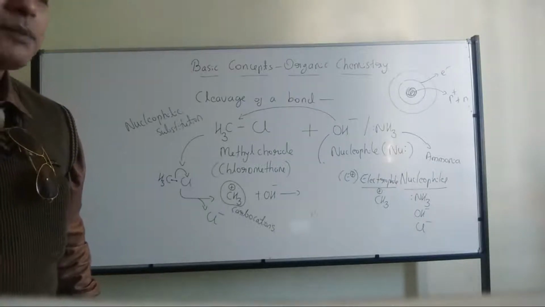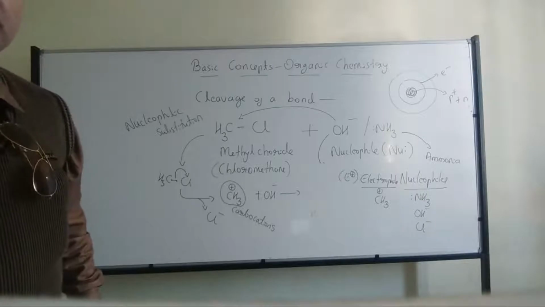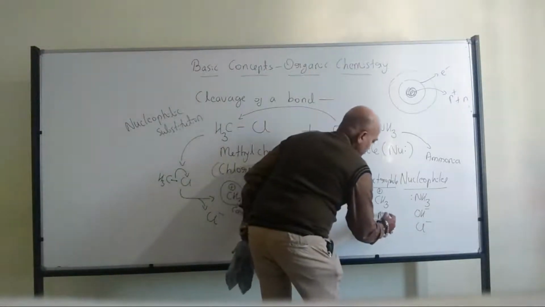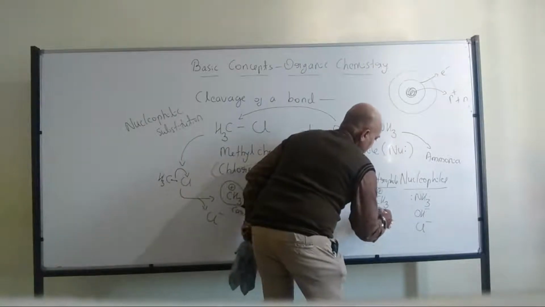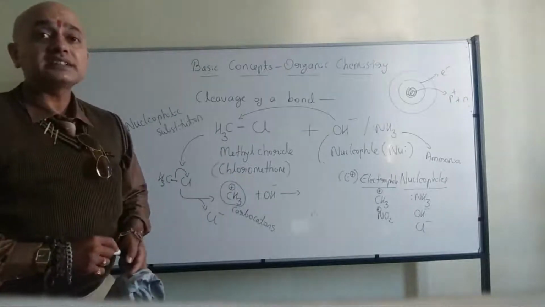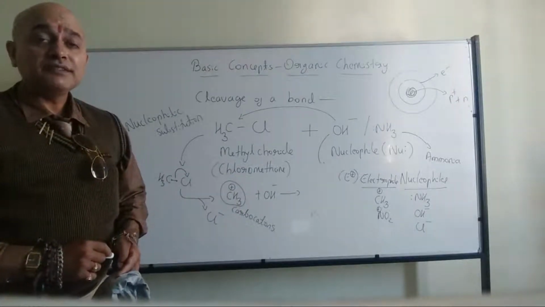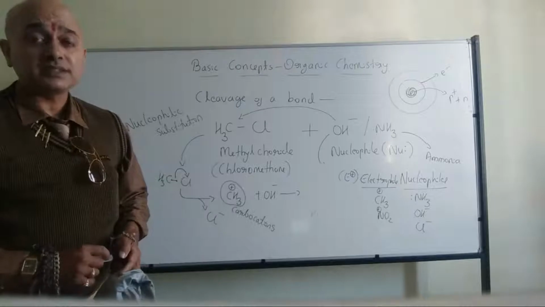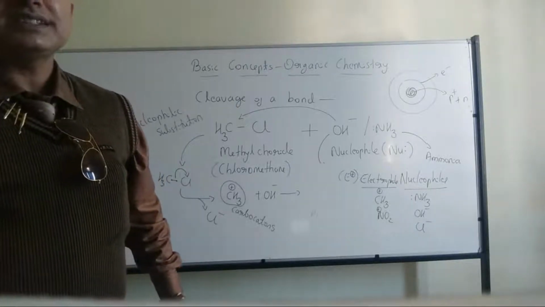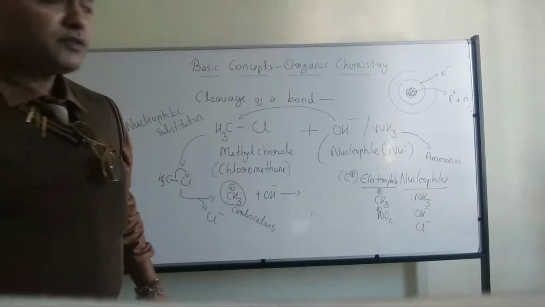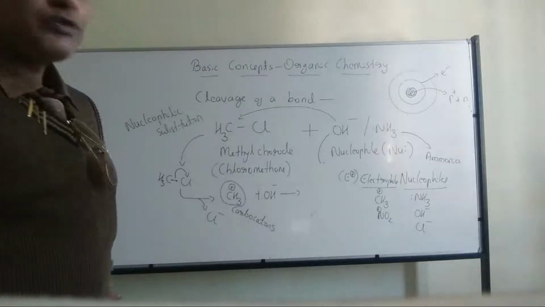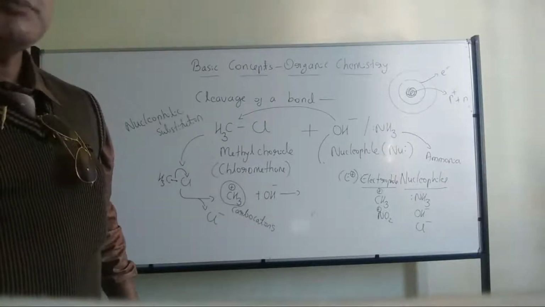We have many other examples for electrophiles. For example, we have the nitronium ion, NO2 plus, which can be an example for electrophiles. Then we have the chloronium ion, Cl plus, which can also be an example for electrophiles. We will discuss that as and when it comes. But for the time being, you can remember carbocations, nitronium ion, chloronium ion, Cl plus.